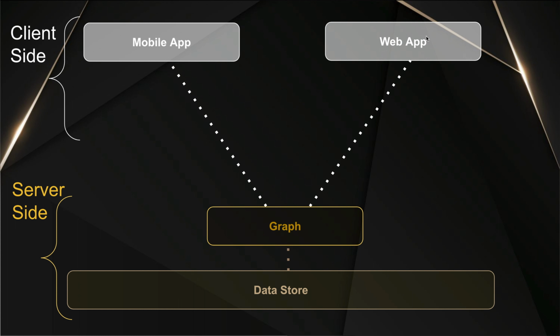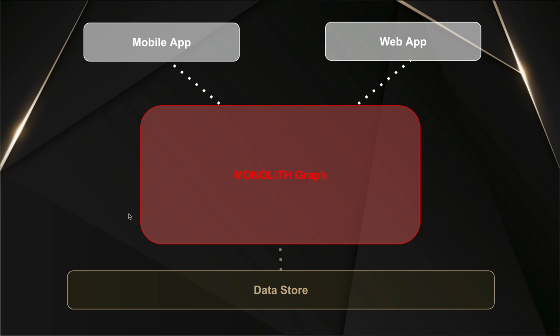We have our client side, which then queries or asks our backend graph for information and also changes it if necessary through requests. This though has a small issue. What happens when the graph gets really big? It becomes a monolith, and that's not nice because it's very hard to maintain and very hard to scale. Because if you have multiple people working on this one graph, it's not going to be easy.